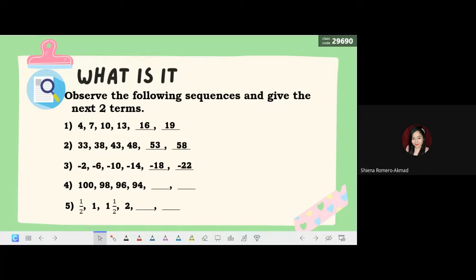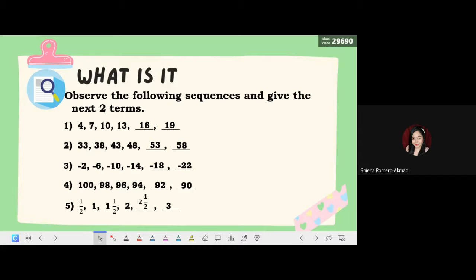Ang bilis ni Mark. And how about for number 5? 2.5, sabi nila, sir. 2.5 and 3. Pabilisan ng daliri sa mga answers. So 2.5 and 3. Ayan.